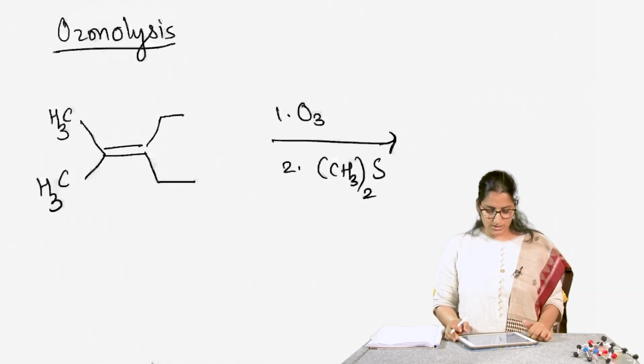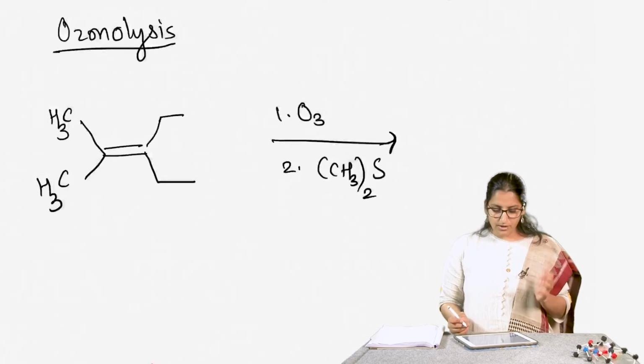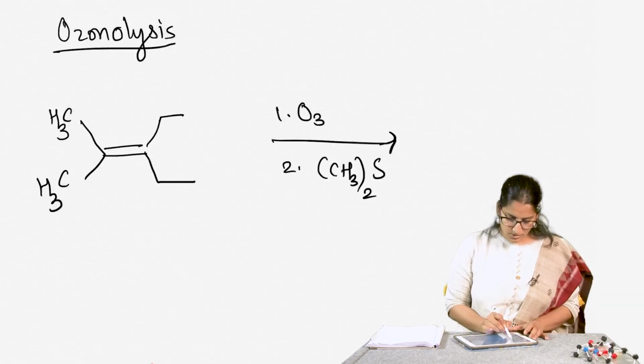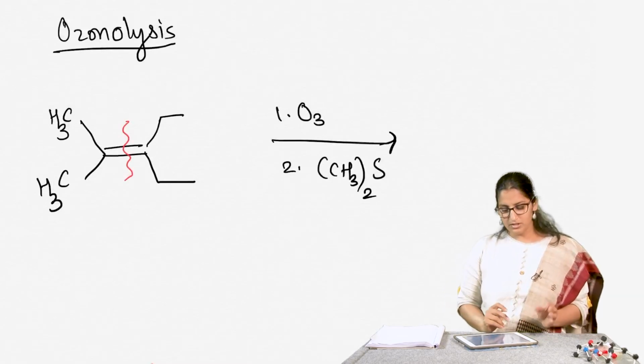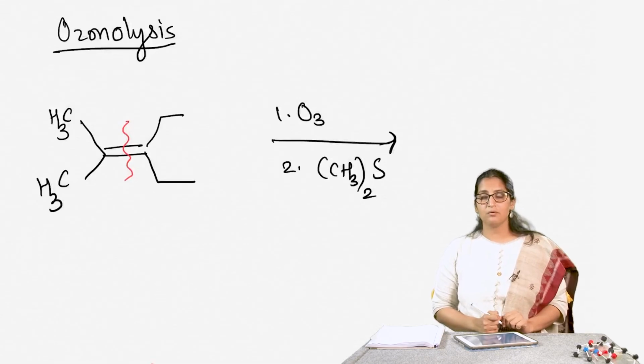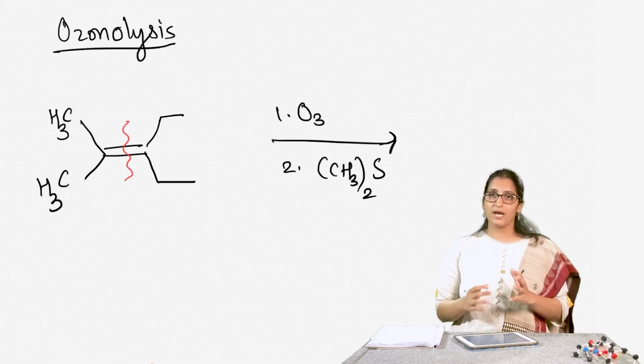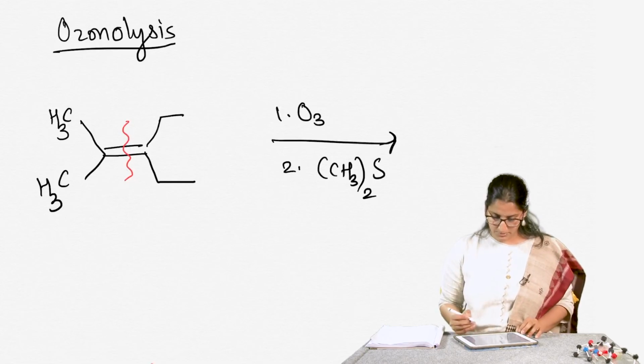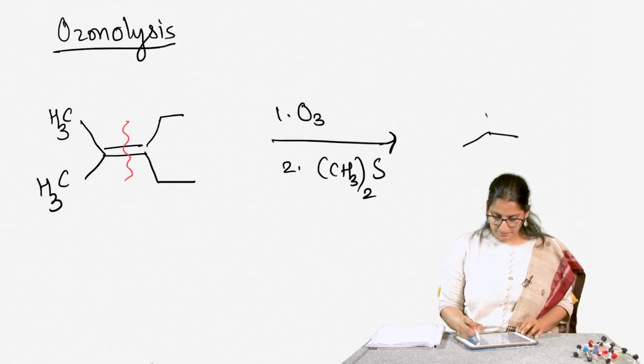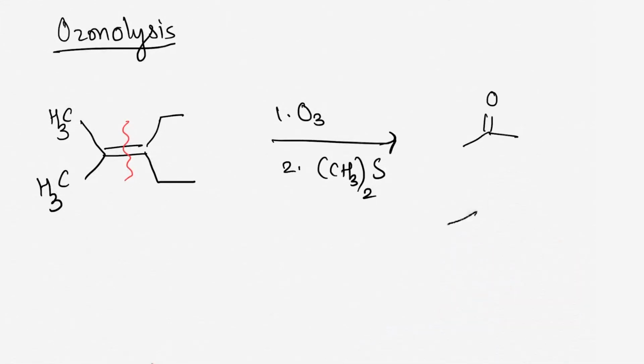So, that is one of the ways you can do the reaction. If we have done this, in order to write down the products, you need to break the carbon-carbon double bond. So, the ozonolysis reaction results into breaking the carbon-carbon bond that is present, and you end up forming two products.